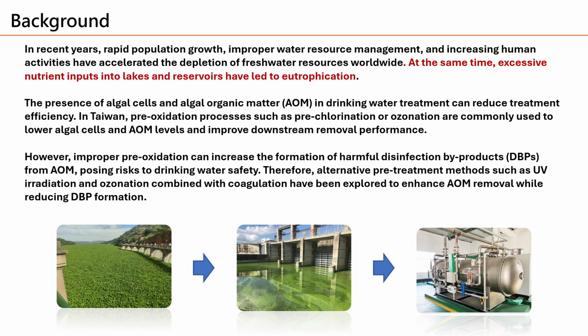In Taiwan, pre-oxidation processes such as pre-chlorination or ozonation are commonly used to lower algal cells and AOM levels and improve downstream removal performance. However, improper pre-oxidation can increase the formation of harmful disinfection by-products, which is DBPs, from AOM, posing risks to drinking water safety.